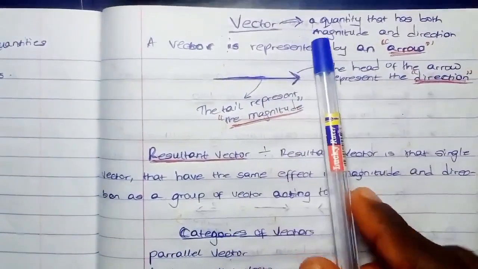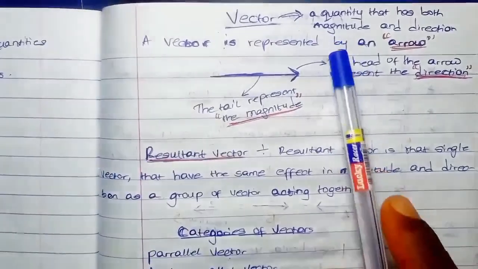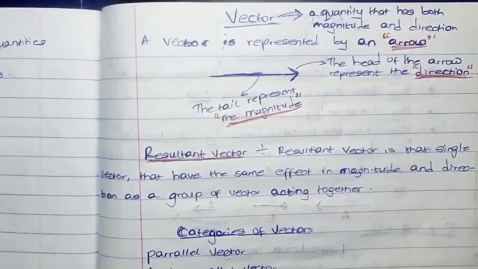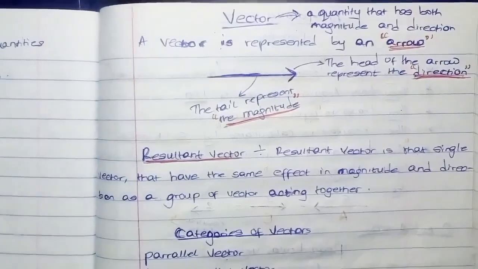Now, most of us find the word magnitude confusing. Magnitude just means number or amount, numerical value. Let me show you.